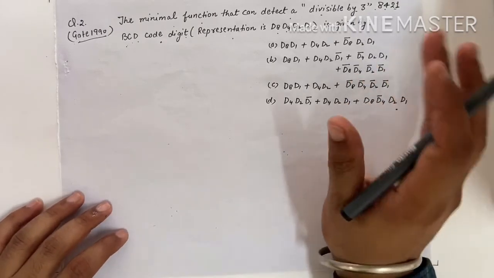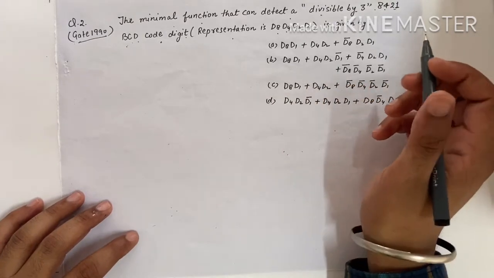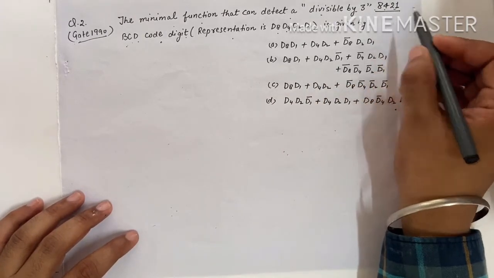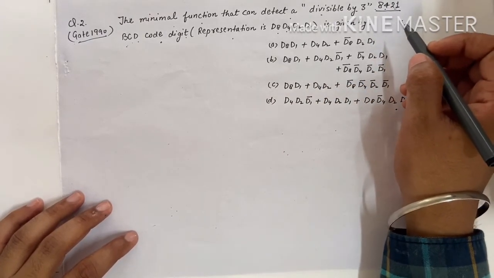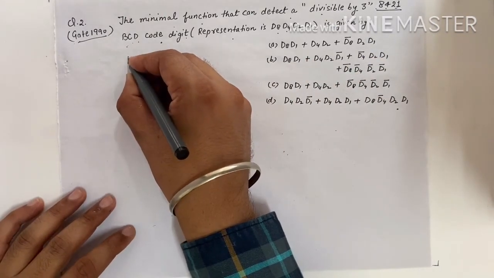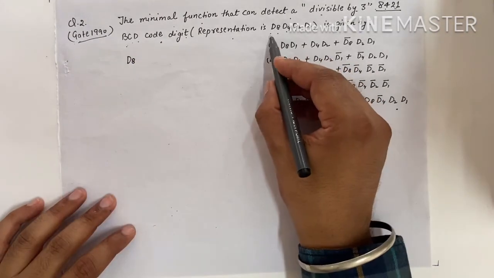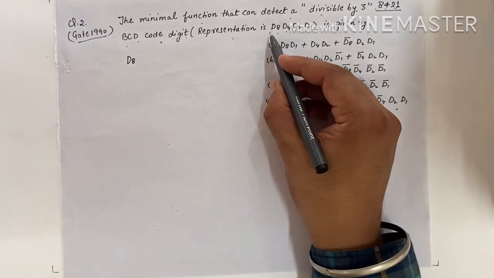Now we have to make the possibilities. We can see that this is the 8421 BCD code. In the 8421 BCD code, we have to write the MSB at D8, because it is also given in the question that we have to represent it at D8.